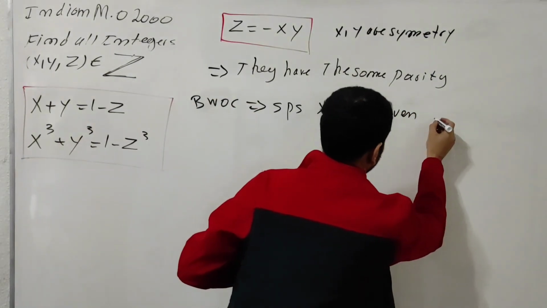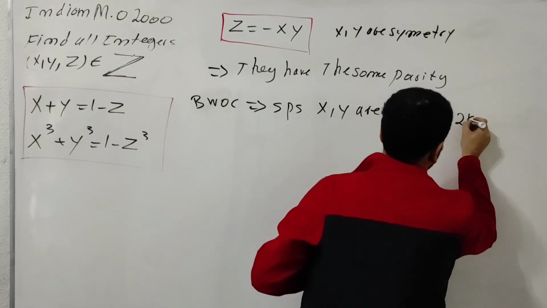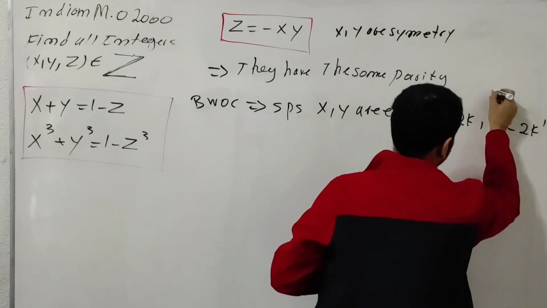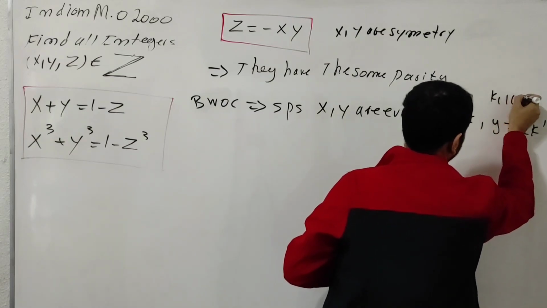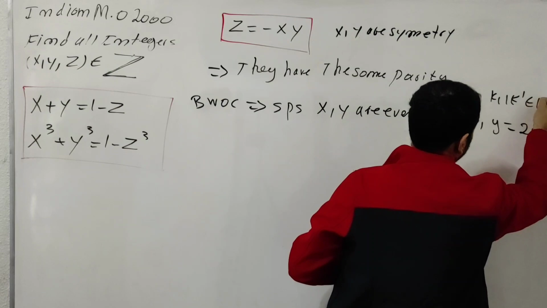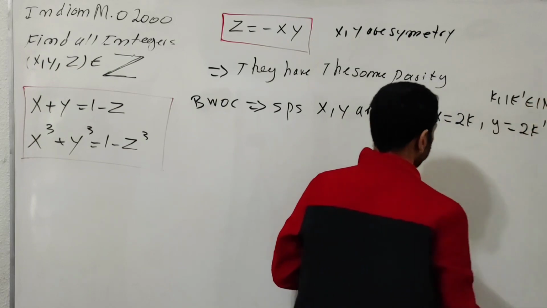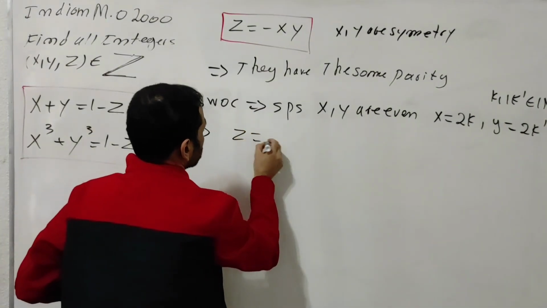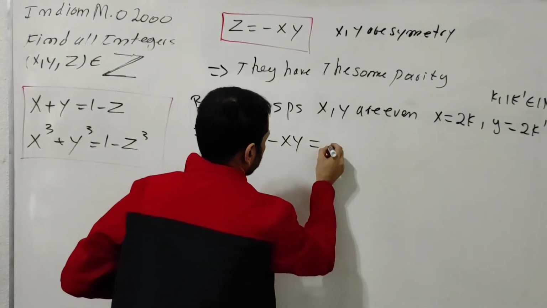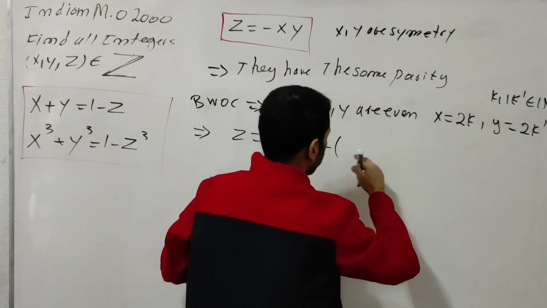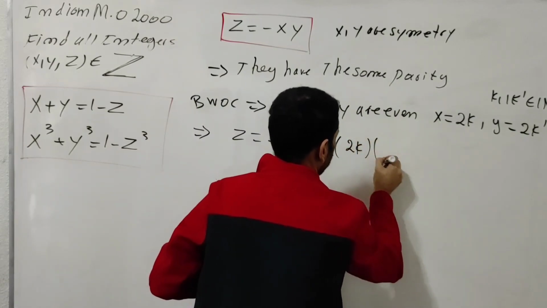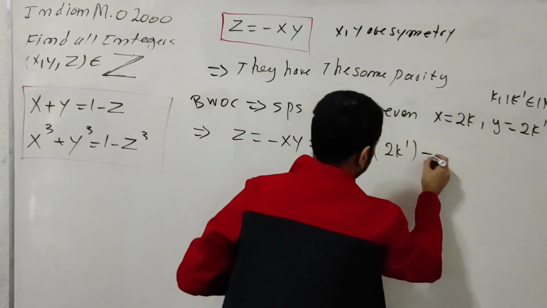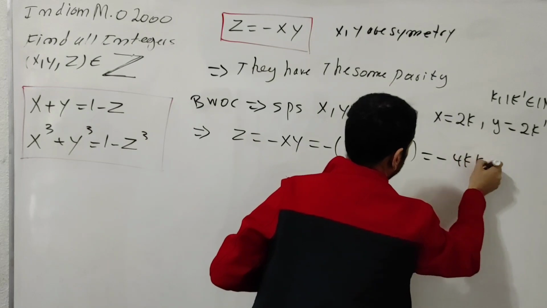That means x equals 2k and y equals 2k prime, where k and k prime are some natural numbers. Since I have this relationship, z equals minus xy. I'm going to replace x with its value: we'll get 2k multiplied by 2k prime, which gives us minus 4k times k prime.